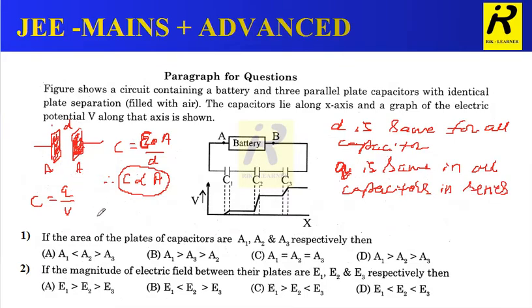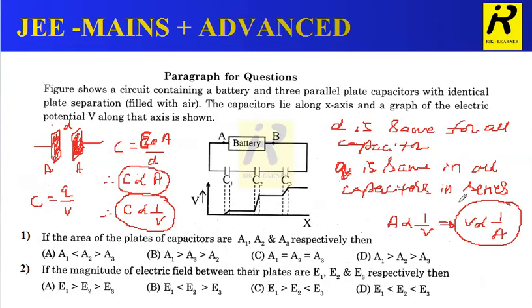That means C is inversely proportional to V. From these two I can generalize that A is proportional to 1 by V, otherwise I can say V is proportional to 1 divided by A.